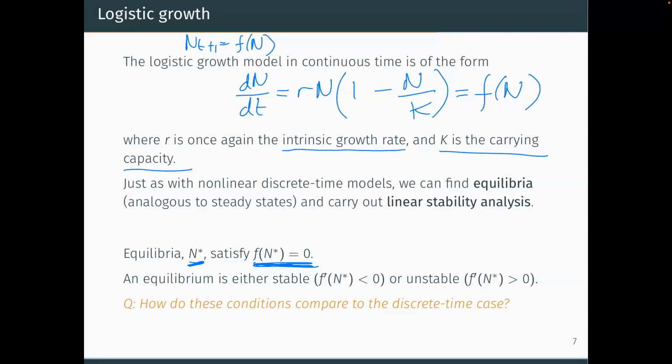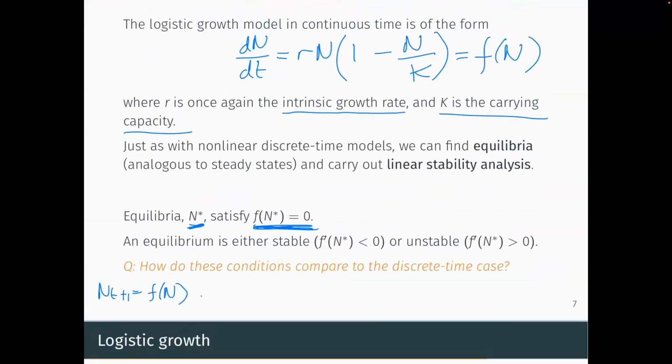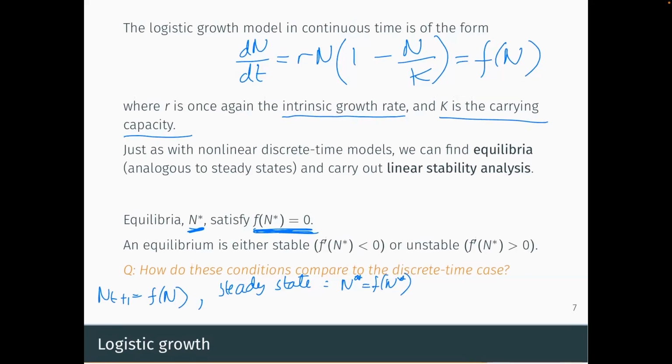Well, how about just finding the steady states? For a steady state, we needed to have n star is equal to f of n star. So here we have f of n star now equal to 0 rather than being equal to n star.